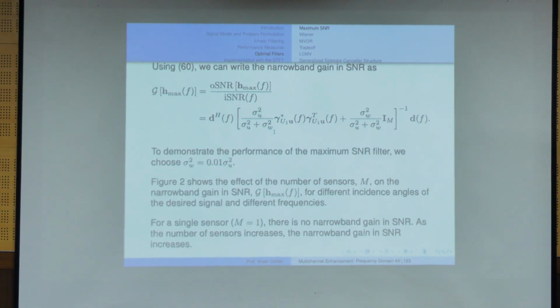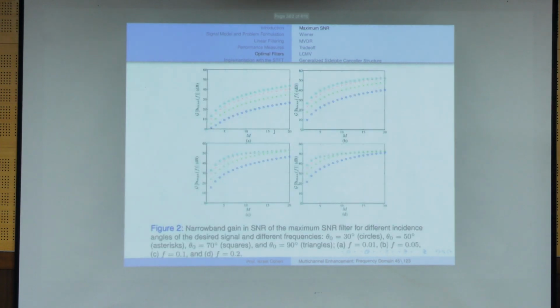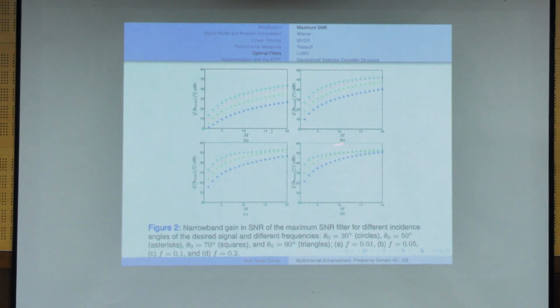Here we see the gain in SNR, the improvement of the gain in SNR as a function of M, the number of sensors, for different frequencies. Here the frequency is 0.01, here it's 0.05, here it's 0.1, here it's 0.2.